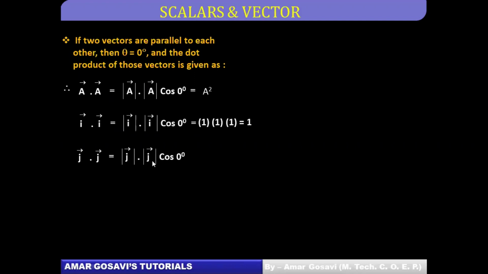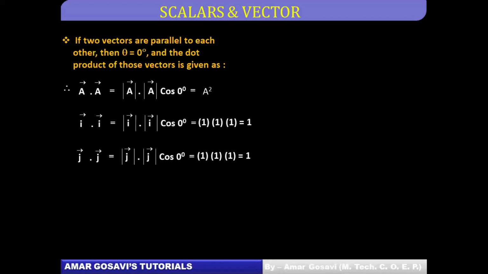So 1 multiplied by 1 multiplied by 1. Again in this case, the self dot product for j cap will be 1. j cap is the unit vector along the y-axis.